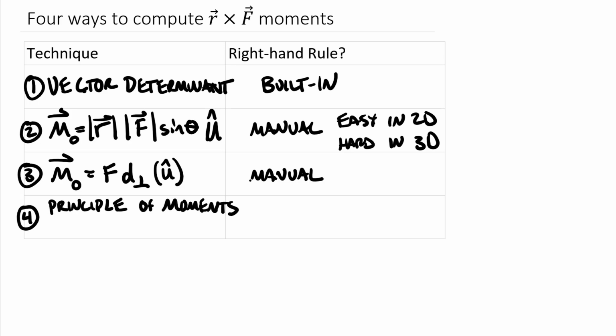And the idea behind the principle of moments is we want to find the perpendicular pairs of the components. Okay, so we want the perpendicular component pairs.